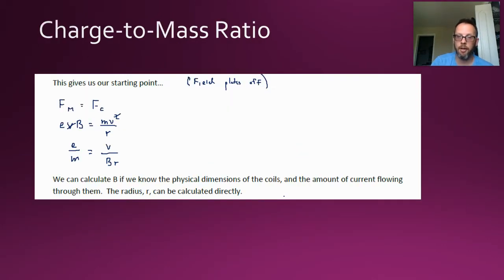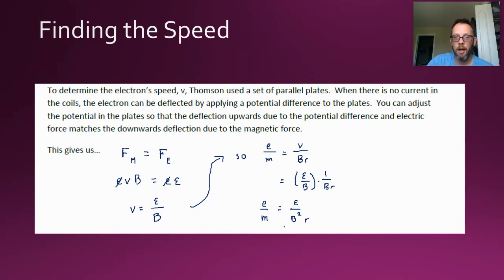For an electron, I should say that Thomson did this experiment over and over again. He could keep the voltage the same and vary the magnetic field, and he would get a different radius of circular motion, which could all be measured, and he'd get a value for e over m.